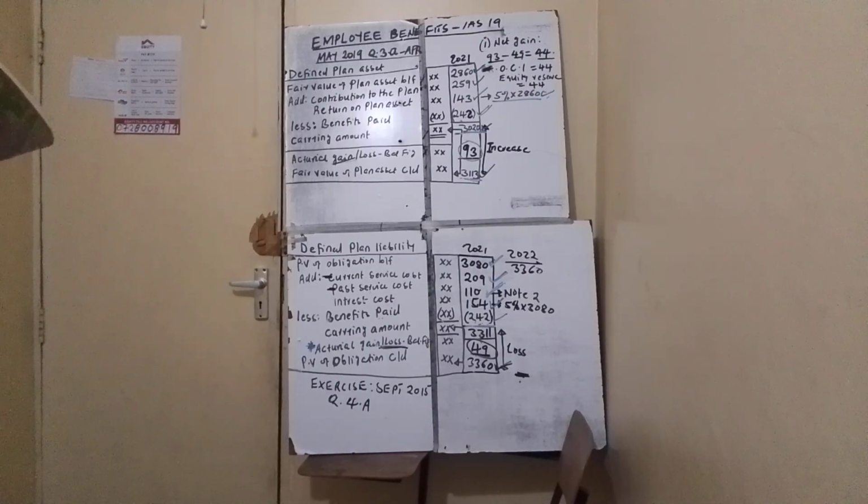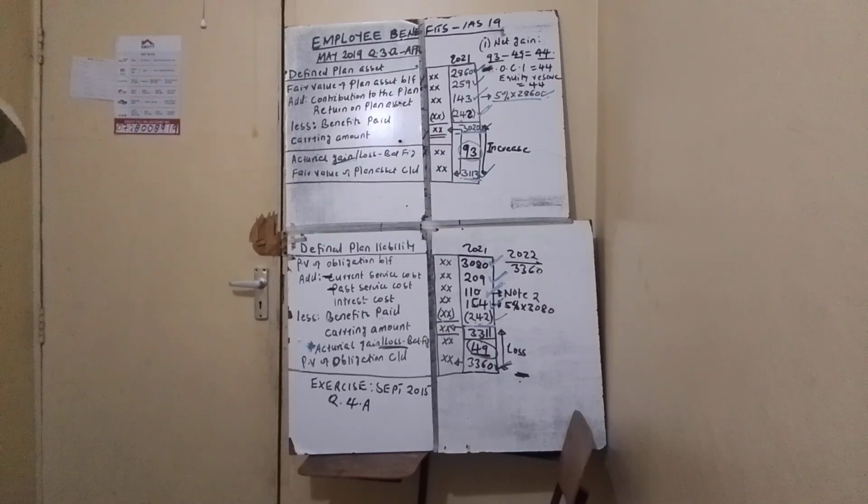Then we say there are four types of benefits. One, short-term benefits. Short-term benefits are benefits falling due within 12 months after providing the services. So if you are employed, you work, and then you are paid by the end of the month, those are short-term benefits, paid within the course of the year.